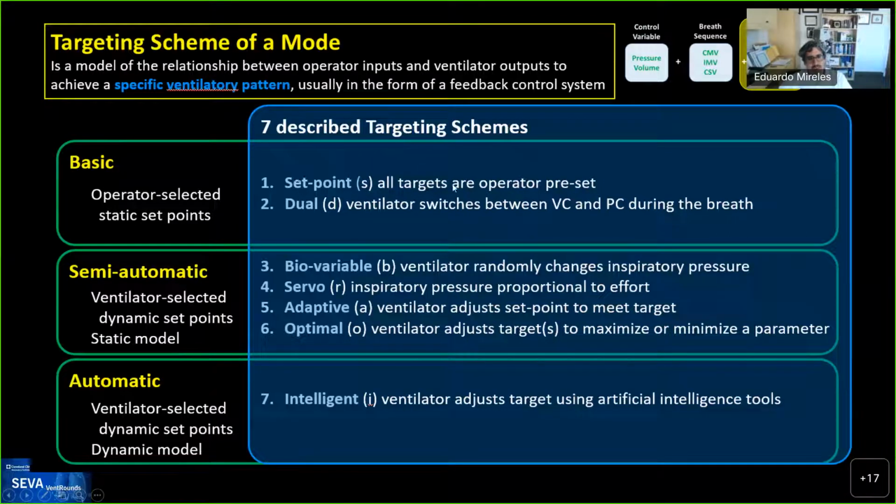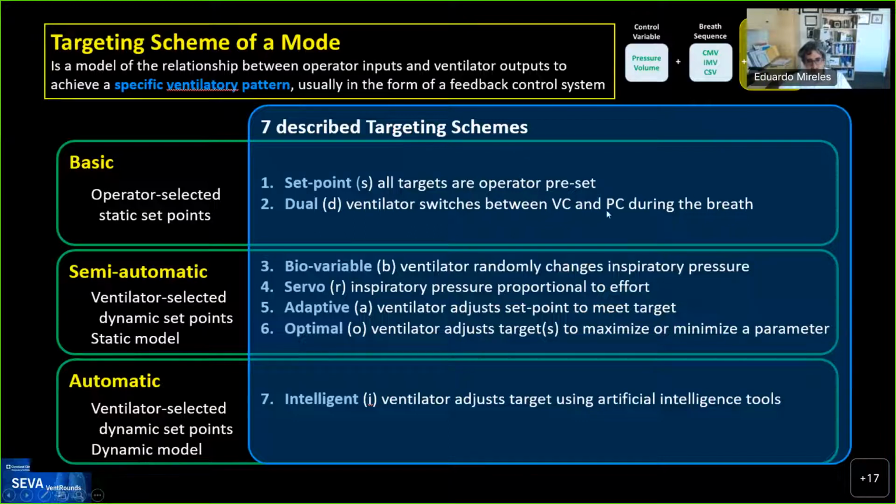Then there's semi-automatic, in which there's more that the ventilator does on its own. And here we placed biovariable, in which the ventilator randomly changes the inspiratory pressure. Servo, where the ventilator delivers proportional to the effort of the patient. Adaptive, when the ventilator adjusts the values to reach a target.